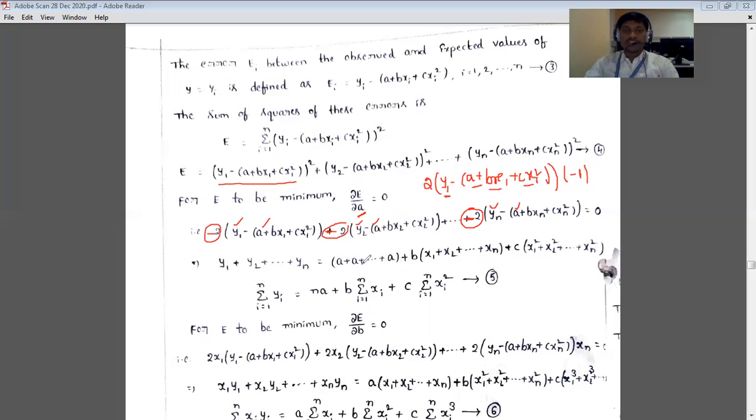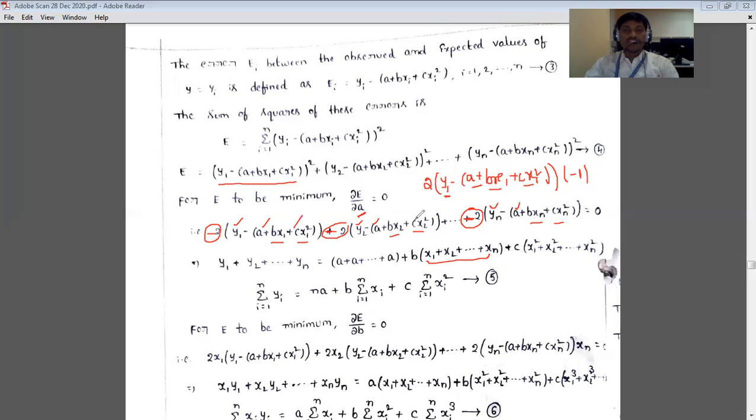It means a plus and so on plus a. And next, taking the second terms, bx1 plus bx2 plus and so on plus bxn, in which b is the common one. If we take b as common, we get x1 plus x2 plus and so on plus xn. In the same way, for the terms cx1 square, cx2 square and so on, which one is the common one?